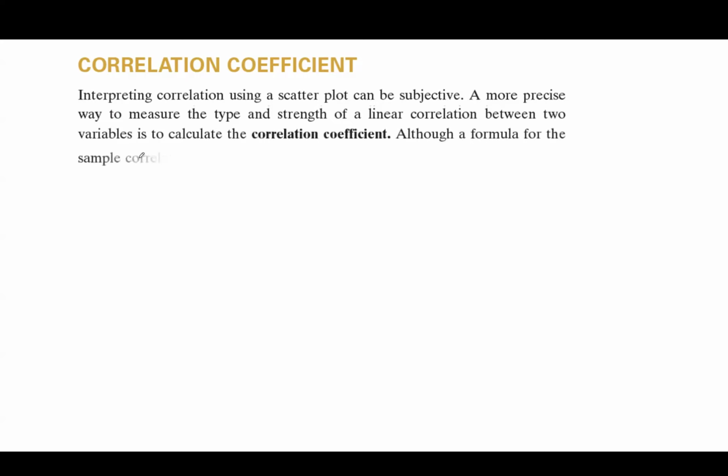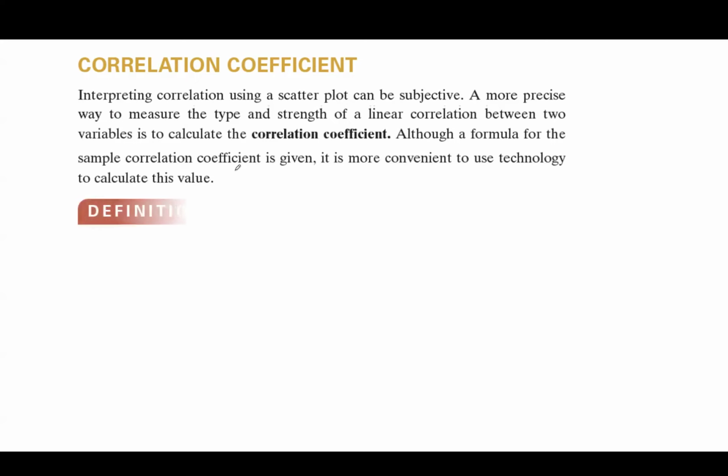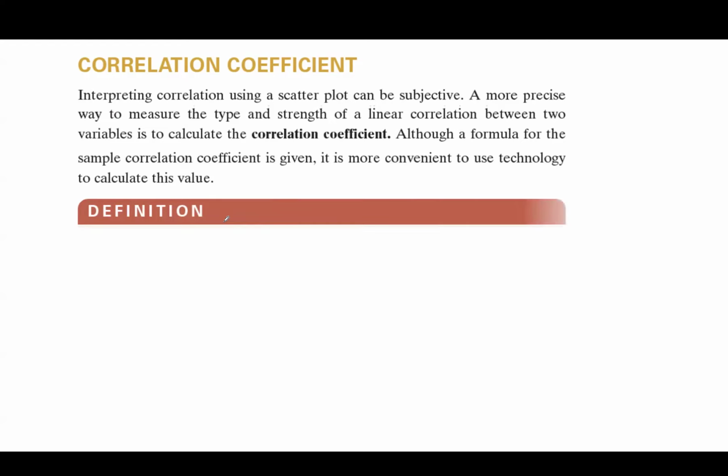Although a formula for the sample correlation coefficient is given, it's more convenient to use technology. So let us define the correlation coefficient and see what the formula behind this is when we are doing the coding and using this function.